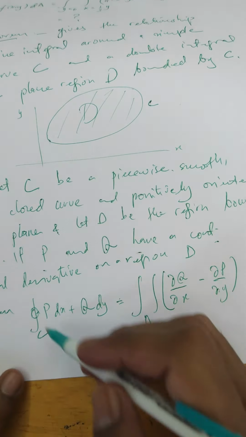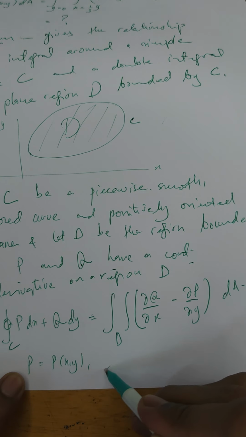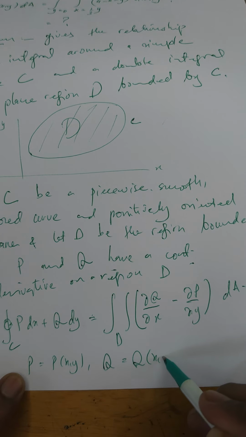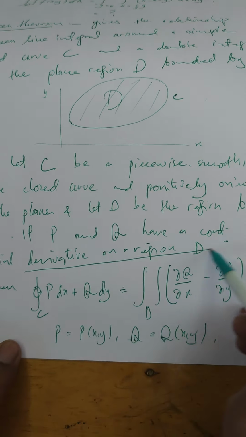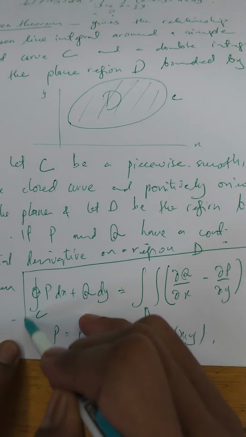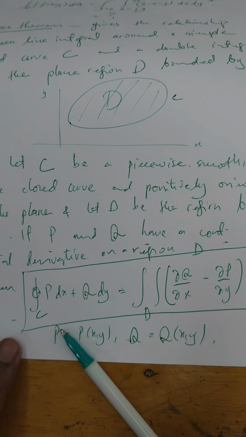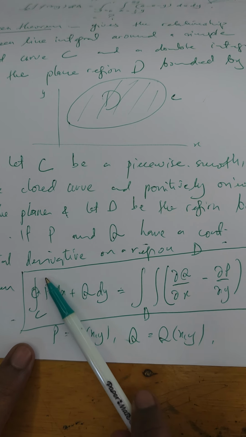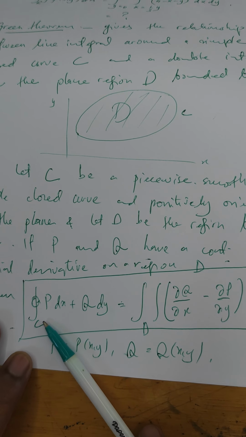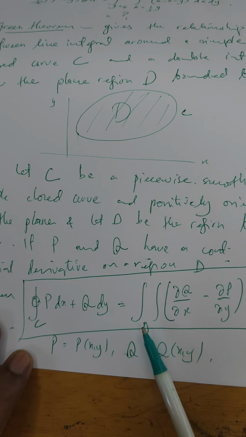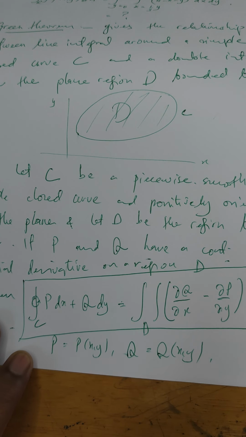In this case, P is a function of x and y, and Q is also a function of x and y. You need to memorize this one. This is what we call Green's theorem, the relationship between the line integral and the integral over the region bounded by C.